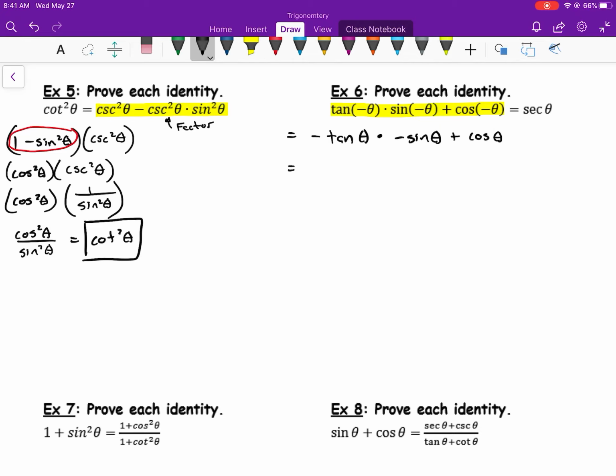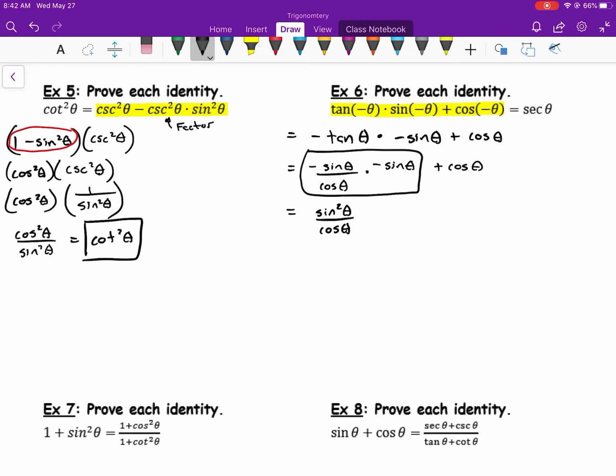Alright, so our next part is I see negative sine theta over cosine theta times negative sine theta plus cosine theta. Alright, so I'm going to work right here. So negative negative makes positive, so I get sine squared of theta over cosine of theta plus cosine over 1.